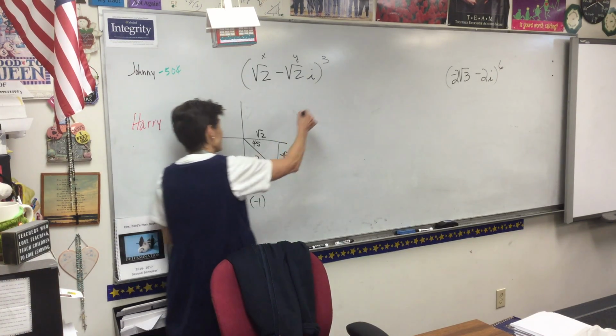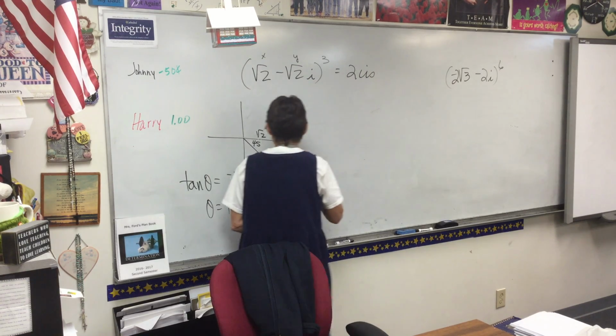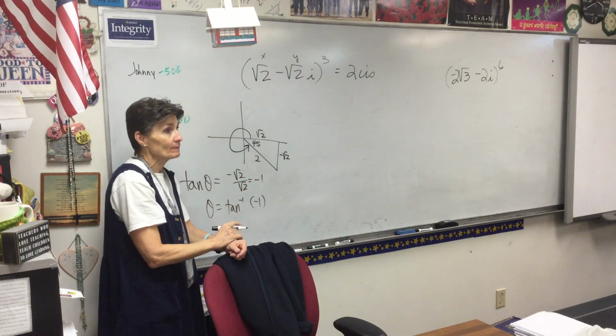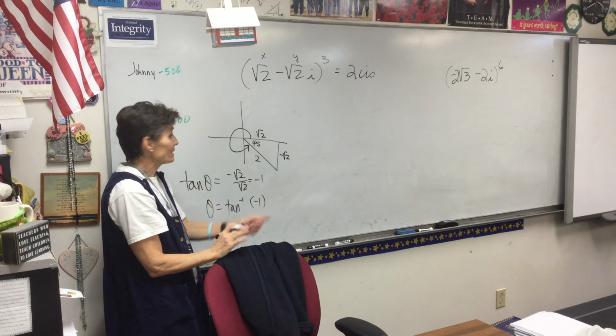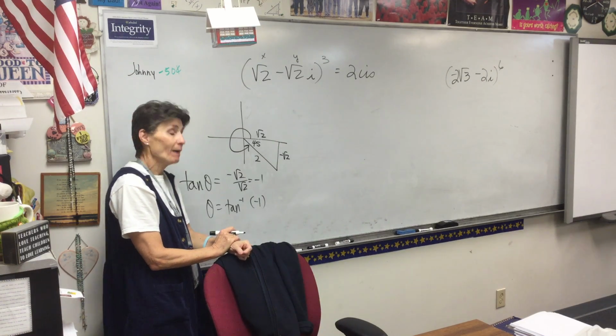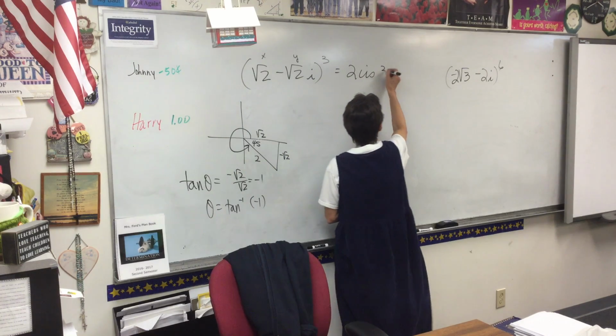So my radius is 2, and my angle is not 45. What is my actual angle? 360 minus 45, which is 315.